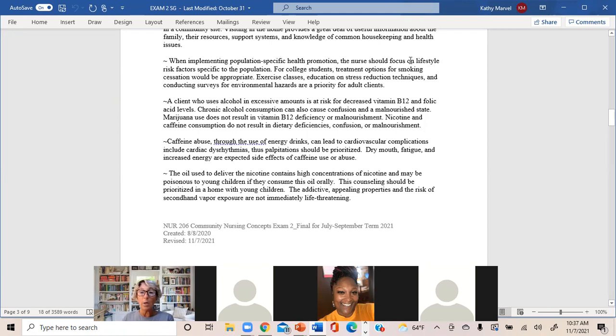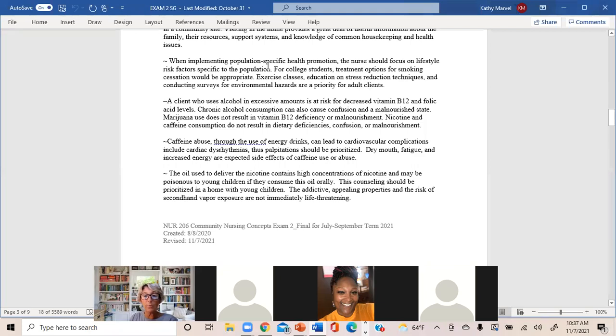So they're talking about if the nurse is having a discussion on lifestyle risk factors for specific populations. We talk about college students. We talk about the elderly, exercise classes, education, stress reduction techniques, right? And this sentence is just kind of written backwards. It's a priority for adults.